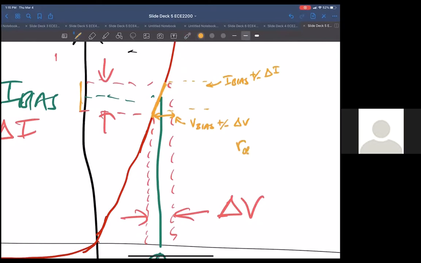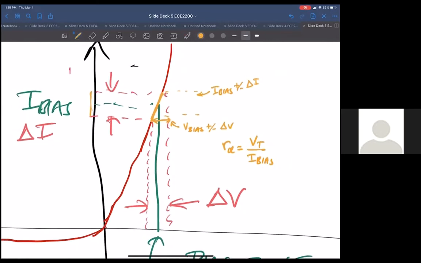So R sub D is V sub T over your I bias point. Okay, so that's the sum total of it.